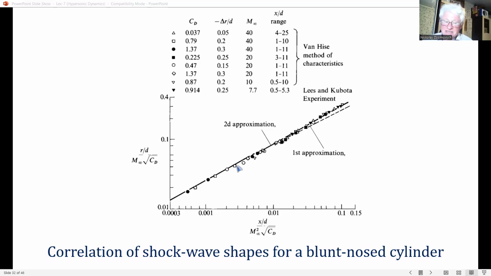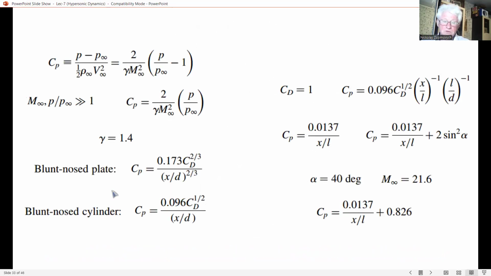Moreover, these blast wave results are in the form of analytic formulas, which are extremely handy for quick approximate estimates, an advantage not to be ignored, okay? And as a final note, the preceding results from blast wave theory can readily be expressed in terms of the pressure coefficient Cp.